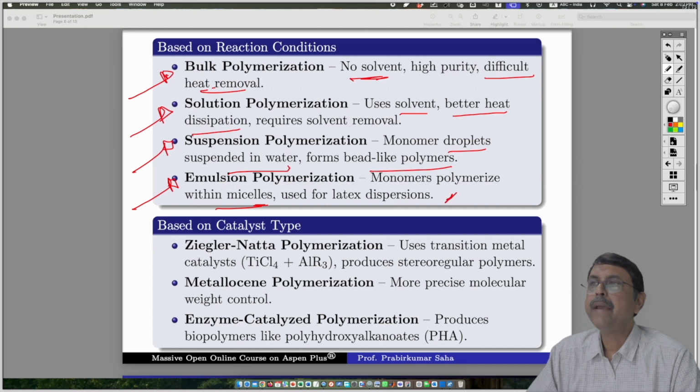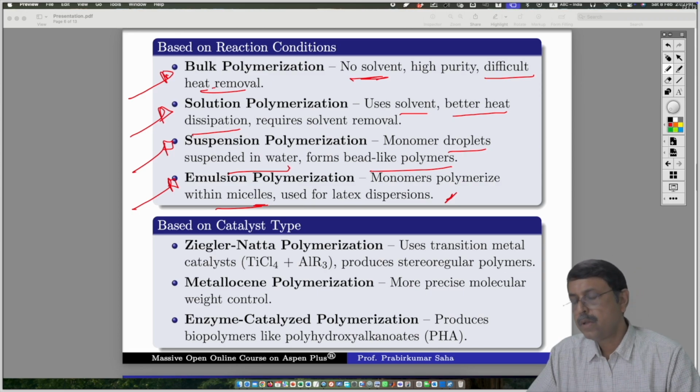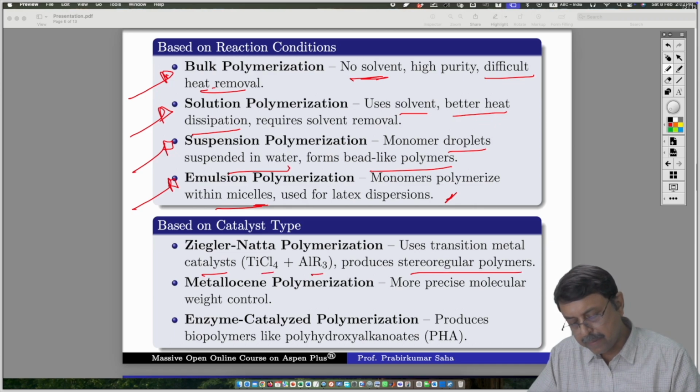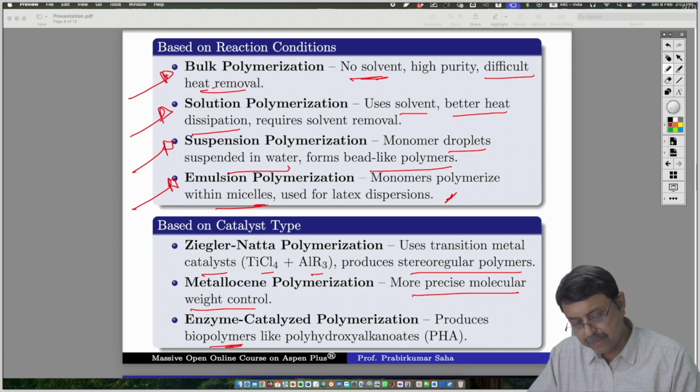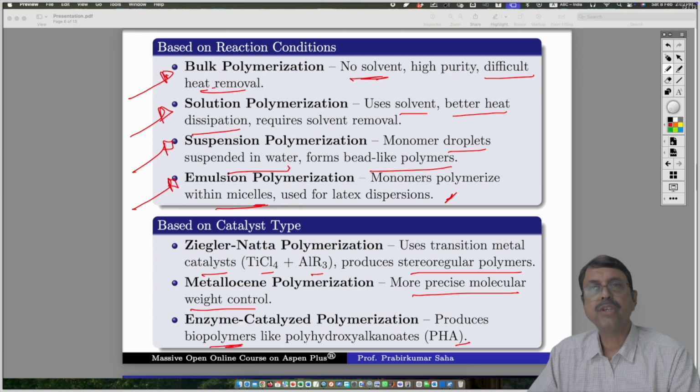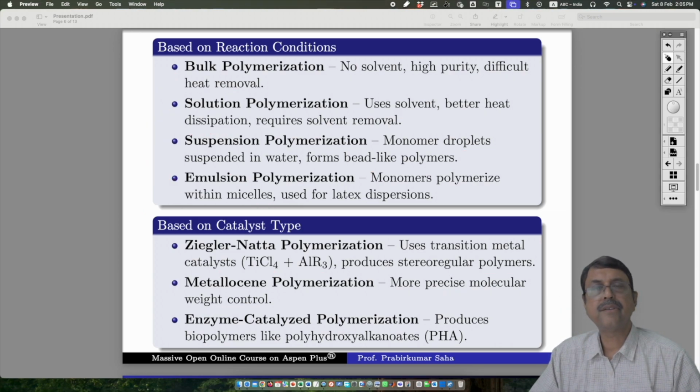So these are all based on reaction conditions, and based on the catalyst type, we have Ziegler-Natta polymerization, which uses transition catalysts like TiCl4, AlR3 that produce stereoregular polymers. And metallocene polymerization, it is useful for more precise molecular weight control. And finally, enzyme catalyzed polymerization, it produces biopolymers like polyhydroxyalkanoates or PHA. These are a few classification methods of polymers.